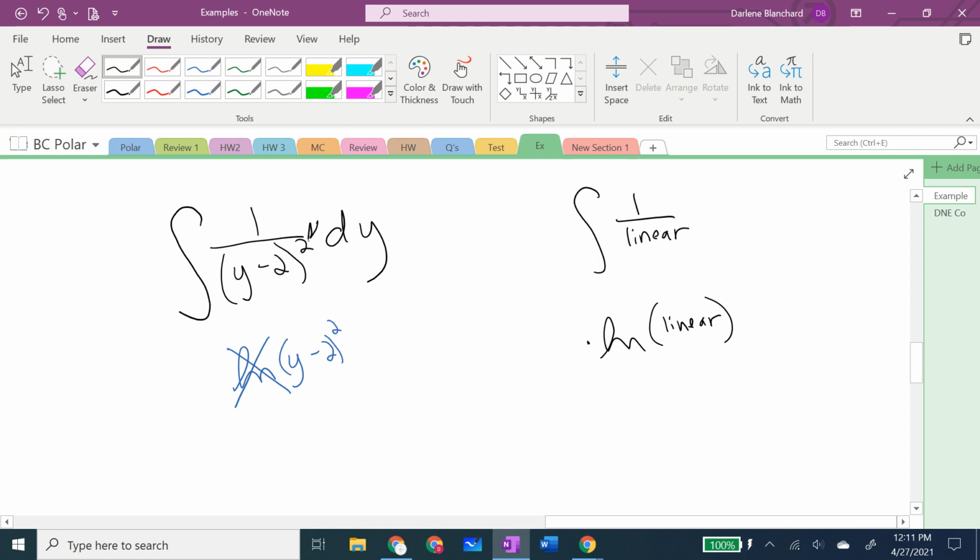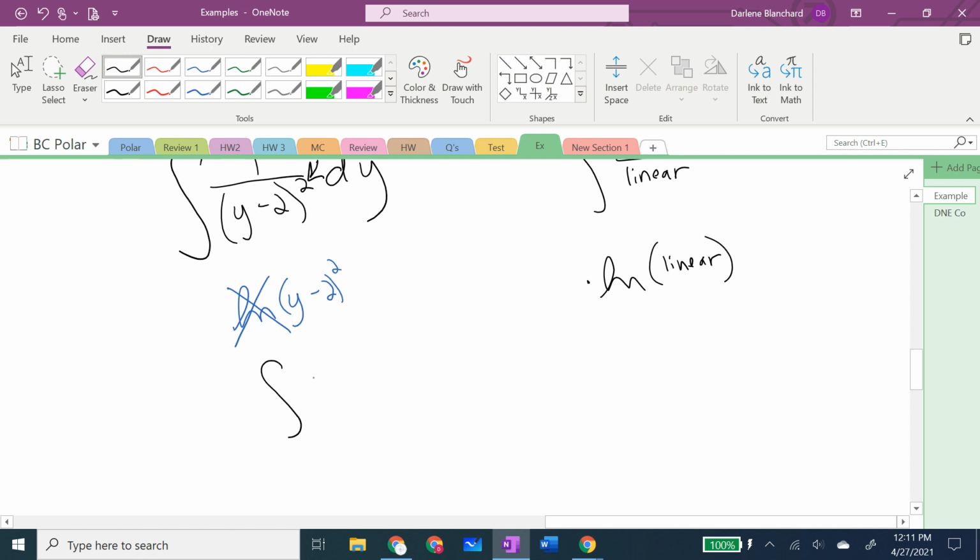But if you've got an exponent on that thing, you are integrating with a completely different formula. You are using the power rule. With the power rule, you're going to want to first rewrite it and then add 1 to the exponent, plus 1, and then divide.